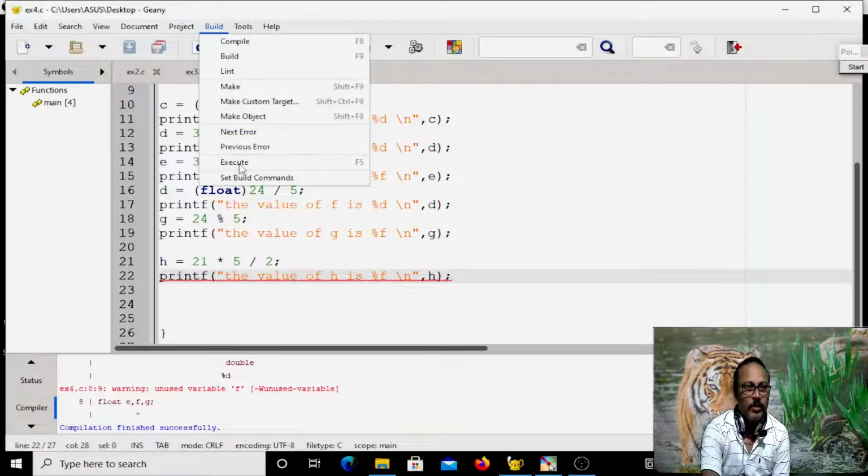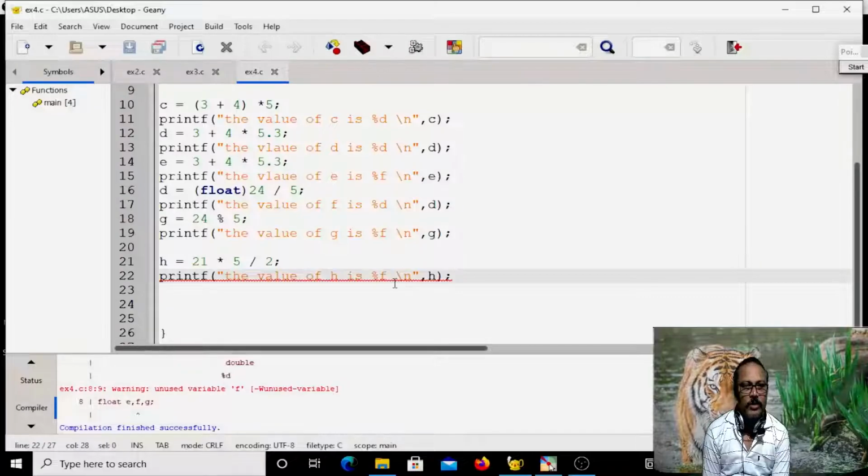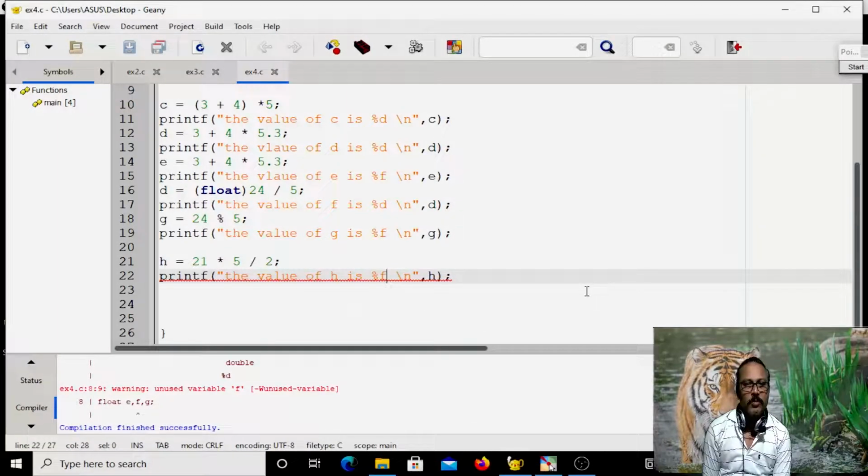Compilation, no problem. The value is 0. You are getting 0 value for h. So if you accidentally use the wrong format specifier, you cannot expect the correct values.